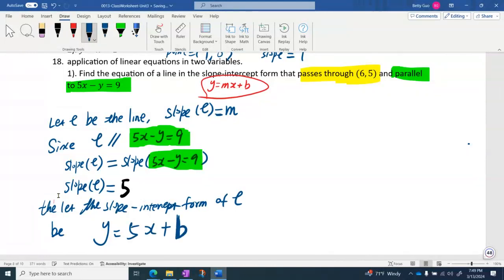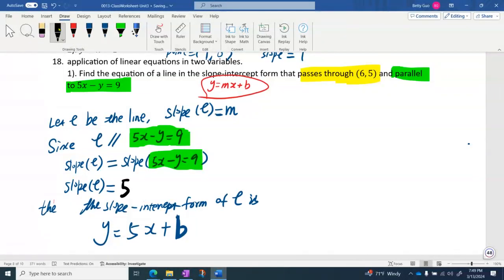Then the slope-intercept form of L is y equals 5x plus b, because in y equals mx plus b, m is found to be 5.